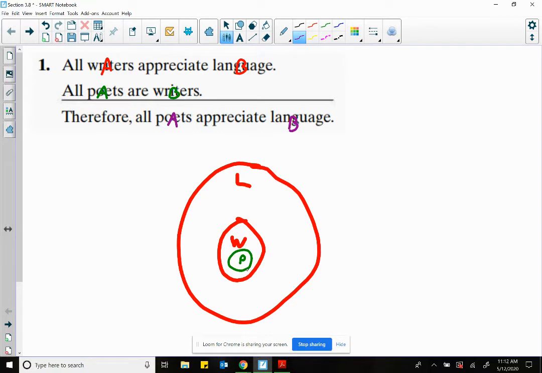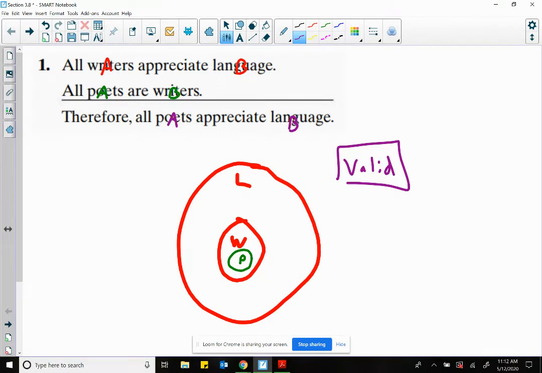This small circle of poets is surrounded by the circle of language. So therefore, we can conclude this is valid. Because this picture shows this statement 100%. All poets appreciate language. The circle poets is inside completely the circle language.